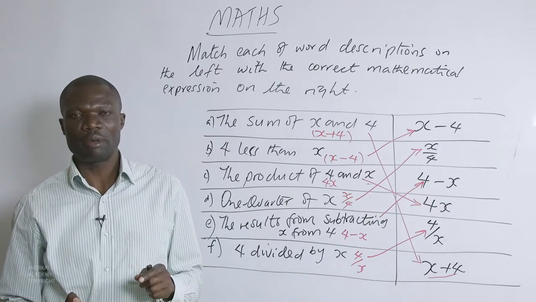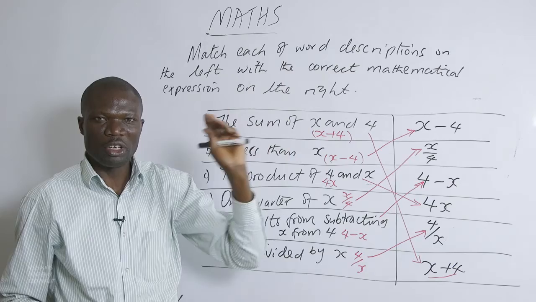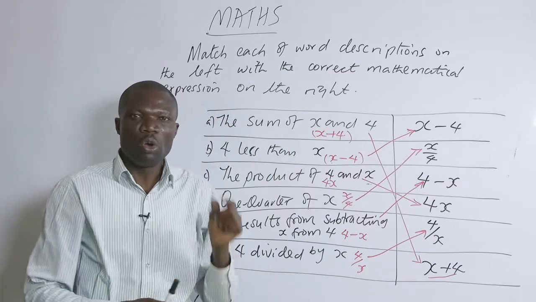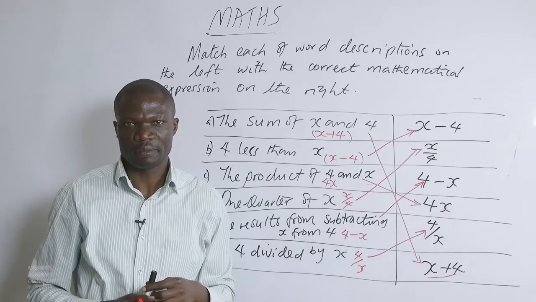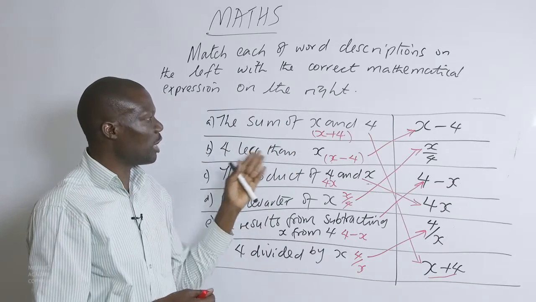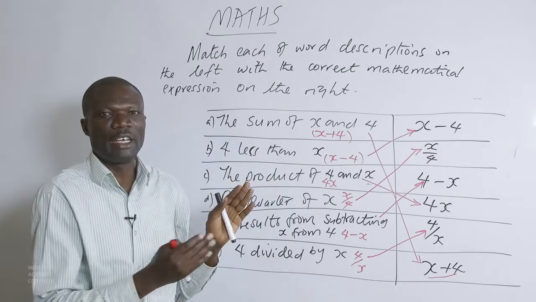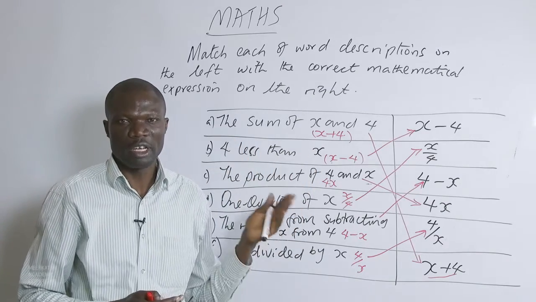So it is very important, learner, to use the word description, interpret it correctly, and form an expression which clearly describes the wordings. If you have your expression, then you have simply simplified many long words into a simple mathematical expression.